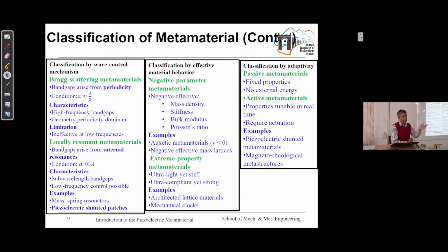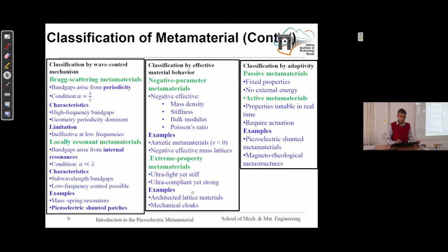If you see the relations, if you have rho high, then you also have K high. But in the case of metamaterials, we can have this reverse trend. We can have rho 0 and we can have K according to our requirement. Similarly, we have ultra compliant yet strong.